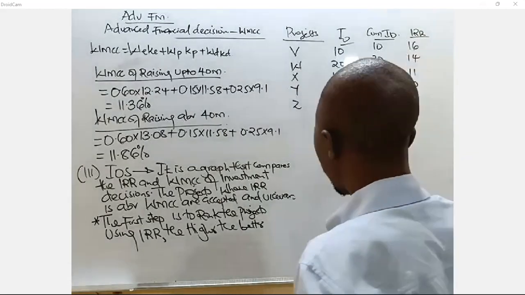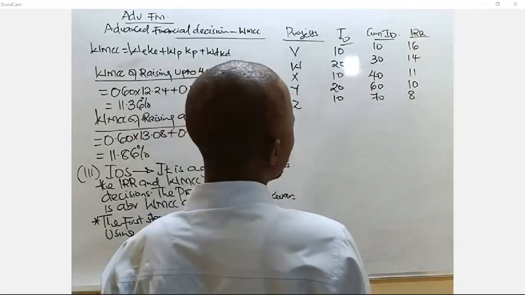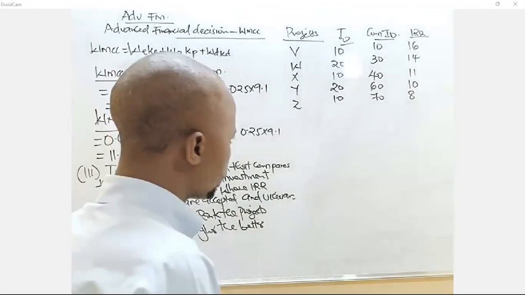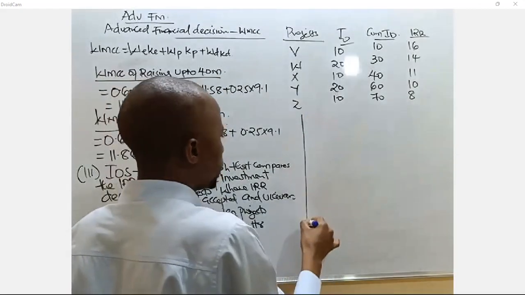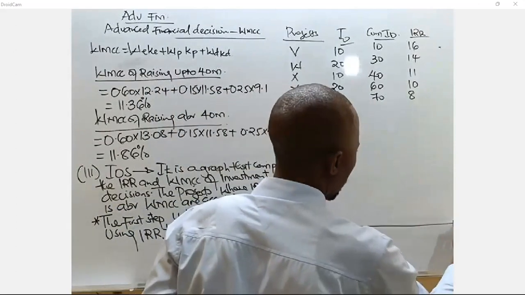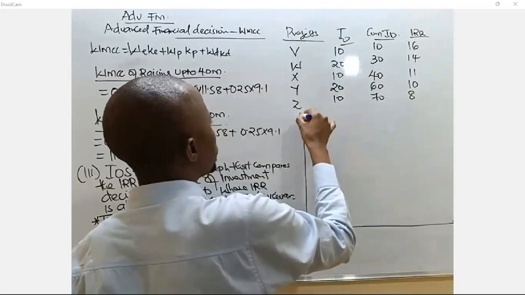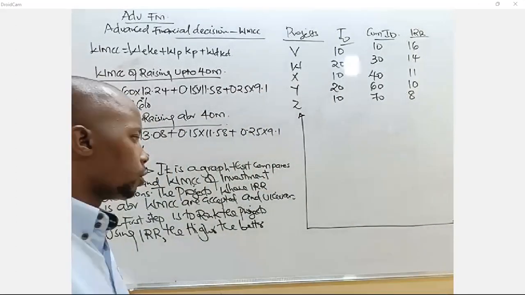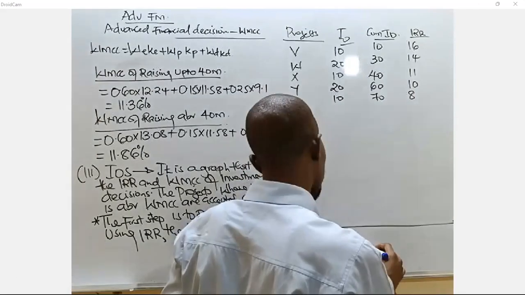Now, in this case, we are drawing our graph between IRR and the cumulative initial investment. You know my amounts here are in millions of shillings, by the way.